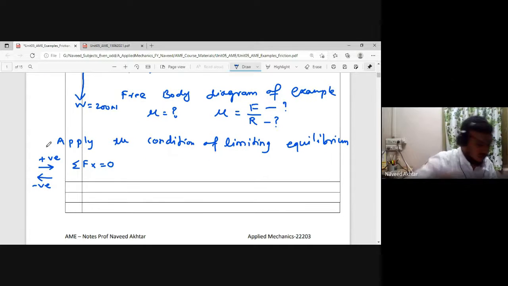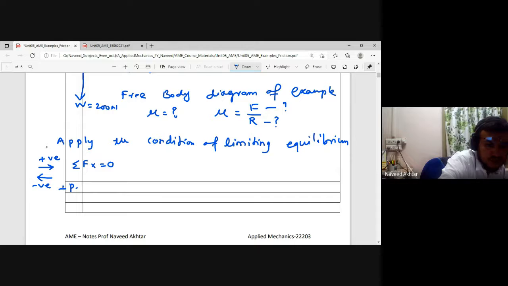P is equal to F. P is going to the right side, P is the positive right side, minus F is opposite direction, is equal to 0.